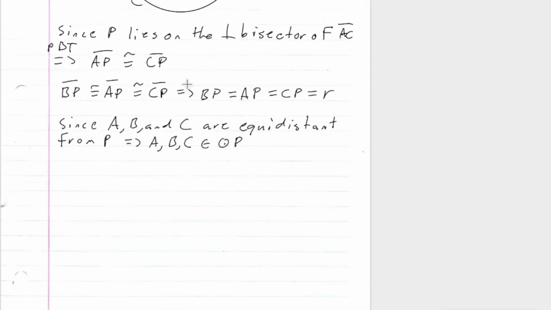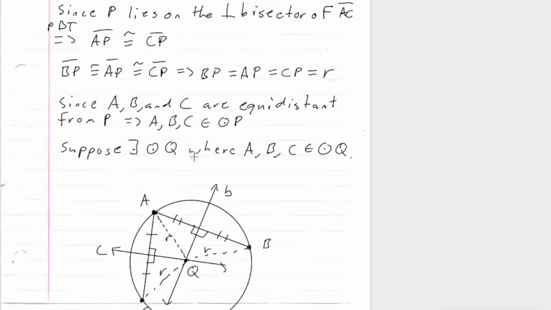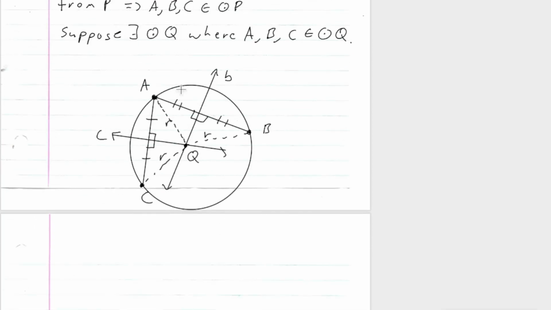Okay, so suppose there exists a circle Q where A, B, and C lie on that circle Q, right? These same points from above, right? So here's our circle Q. As you can see, it's the same as this above, but I put the Q because with a uniqueness argument, we're basically going to show that Q must be the same point as P, right? But here is our argument.